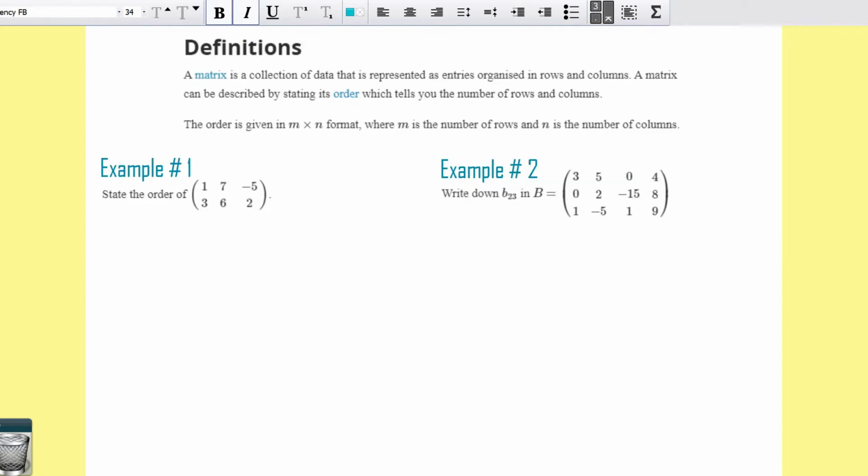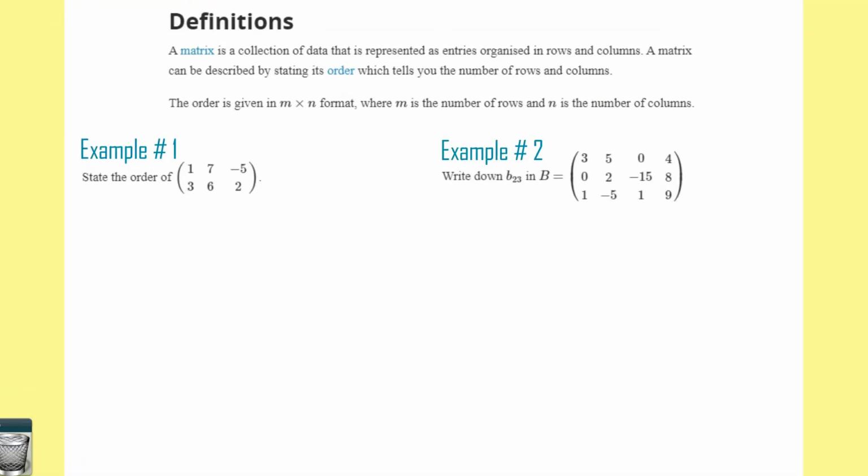So again, we write it as rows by columns. Whenever they ask you the order of something, I want the row times the column. In case you ever forget, just remember my name. It is Rachel Cross. So we're going to do rows times columns.